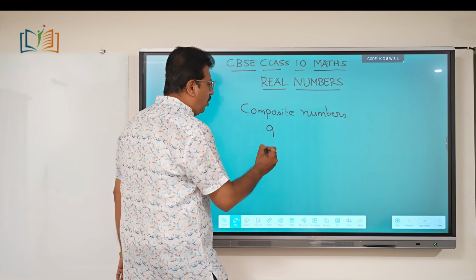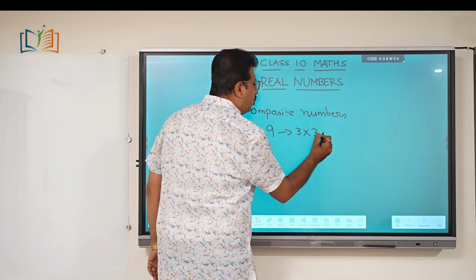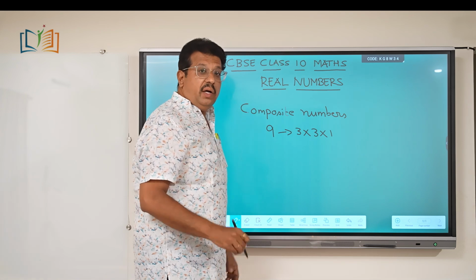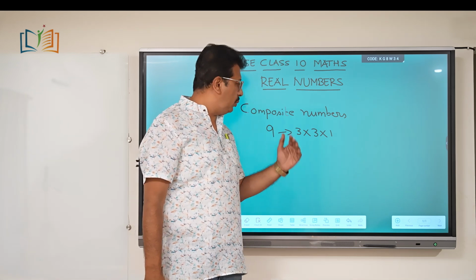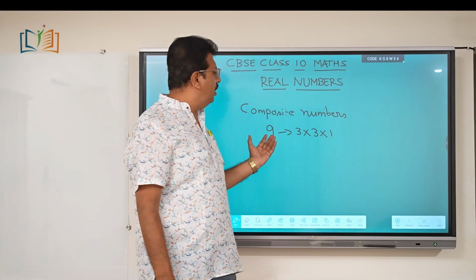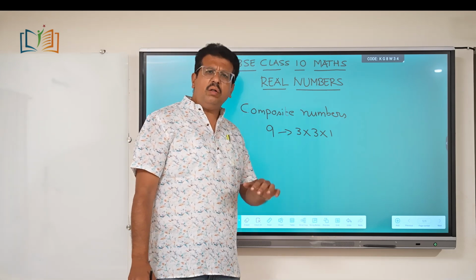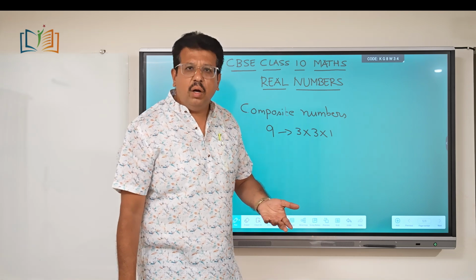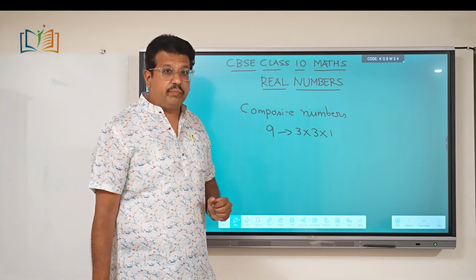It is a composite number because it is possible to write it as 3 into 3. It is not only divisible by 1 and itself; it is divisible by 3 also. So numbers like 9, 4, 16, 64, all these examples can be given for composite numbers, students. I hope composite numbers are also clear to all of you.